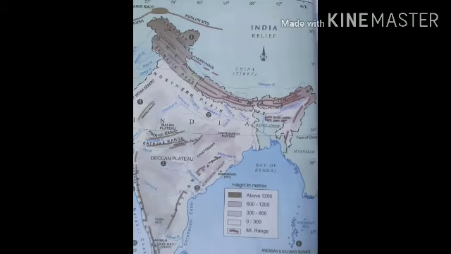Means from Indus river to Brahmaputra, the stretch of Himalaya in kilometer is 2,400 km, and the width of Himalaya, that means from north to south, it is 400 km in Kashmir to 150 km in Arunachal Pradesh.